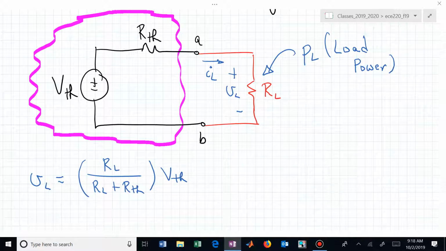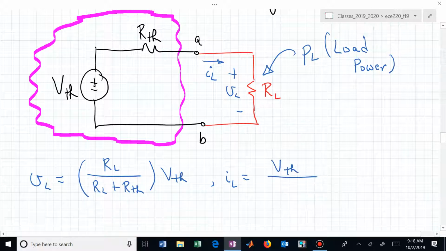And when we were re-deriving that, we actually reminded ourselves of what I sub L is equal to as well, in terms of V Thevenin, R sub L, and R Thevenin. I sub L we could find, if we know V Thevenin, we just divide that by R sub L plus R Thevenin.